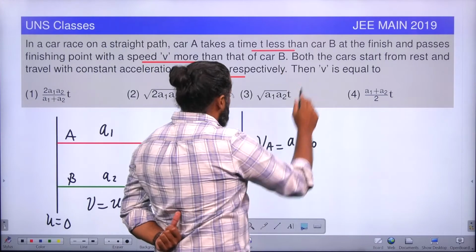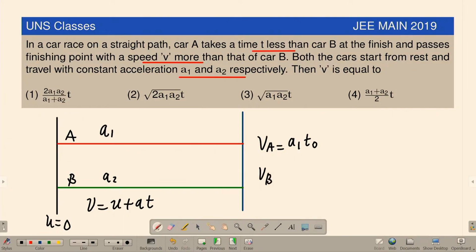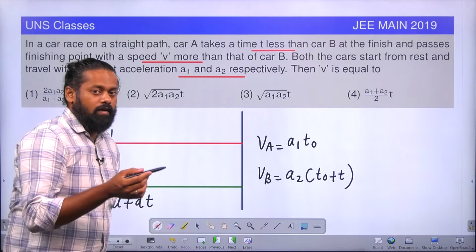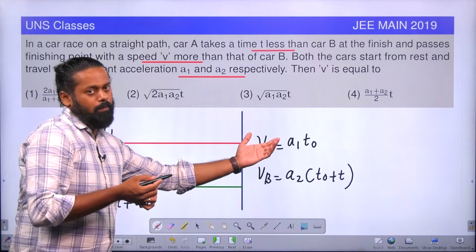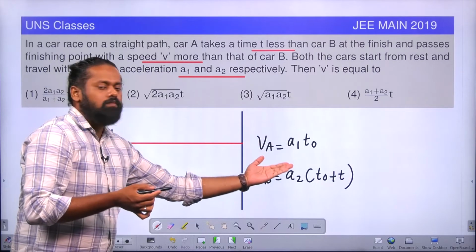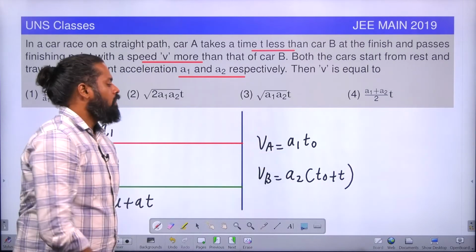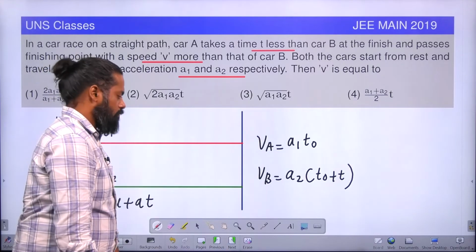Based on the first statement, Vb is equal to a2 multiplied by t0 plus t, because A is taking t time less than B, or B is taking t time more than A. So we got Va and Vb.